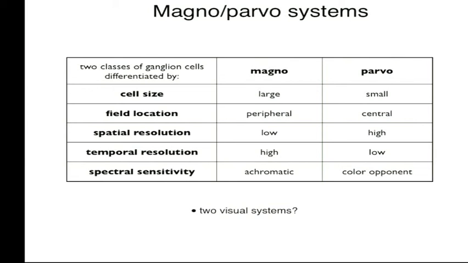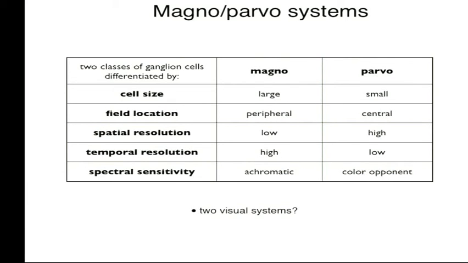There are cones going into the magno system, right? There are rods going into the parvo system. So it's much more of a functional distinction, right? So that's why I put 2 visual systems here, right?